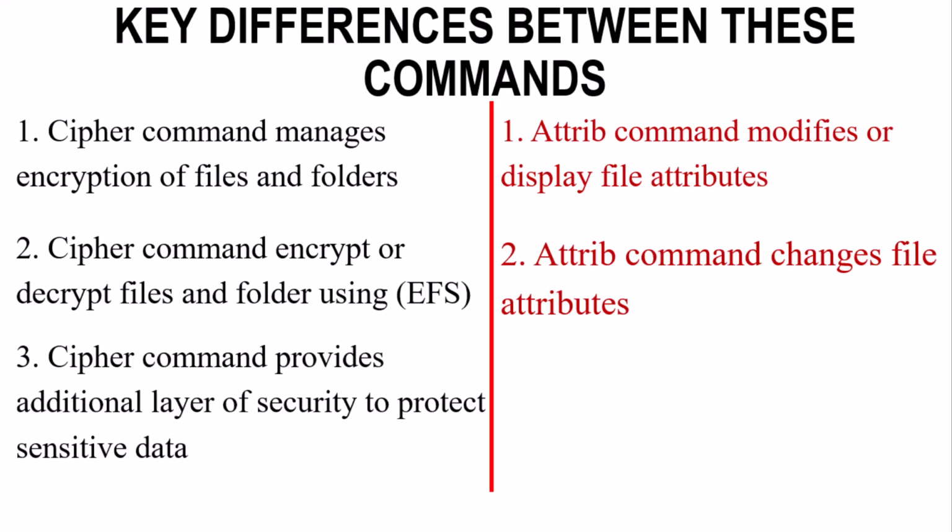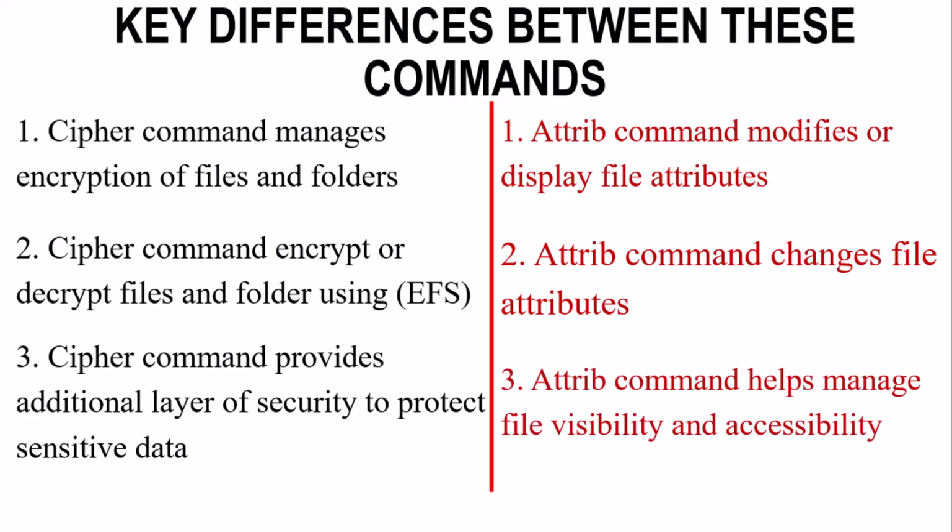The Cipher command provides an additional layer of security to protect sensitive data. And the Attribute command helps manage file visibility and its accessibility. This particular one talks about hiding files and also unhiding your files on your computer system. These are the differences between the Cipher command and also the Attribute command.